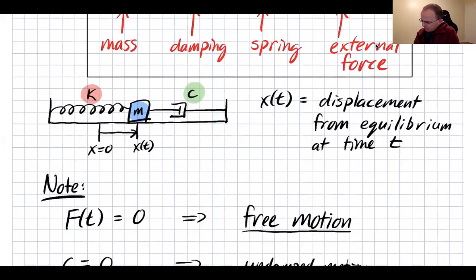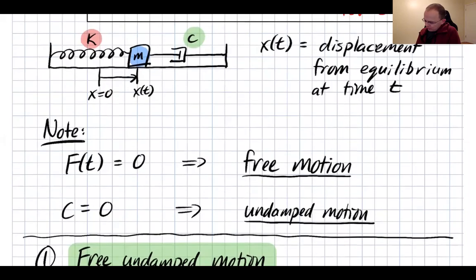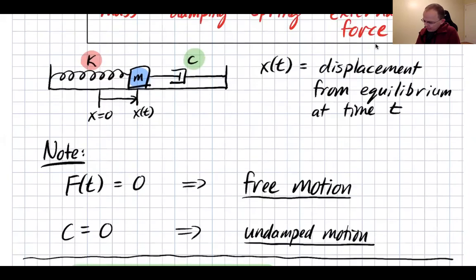So a couple of important notions: if we don't have any external forces, then we refer to this as free motion. And if there's no damping or shock absorber, I mean, this is even saying that there's zero friction.